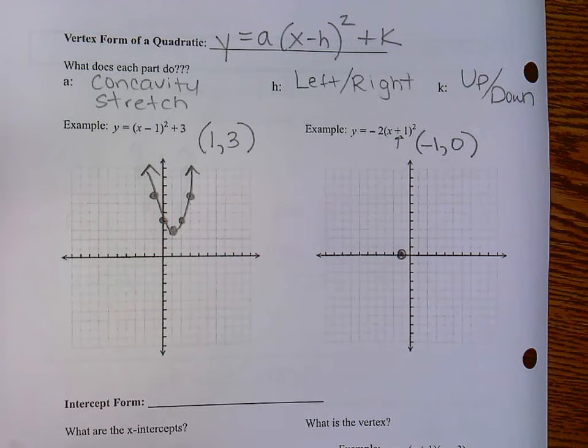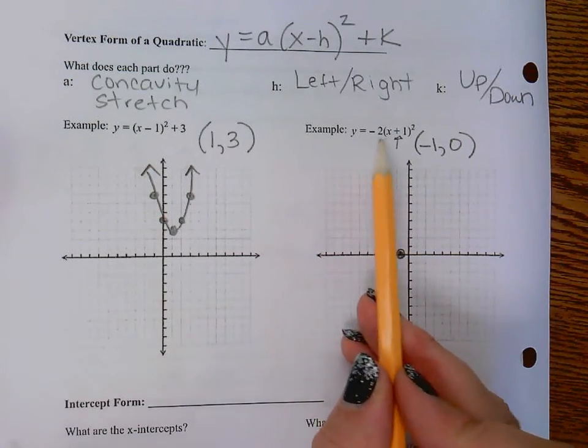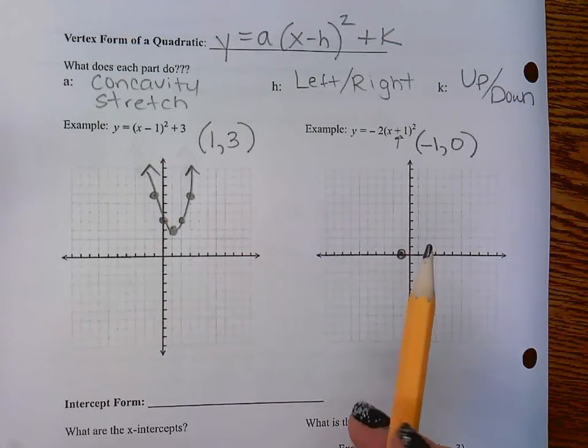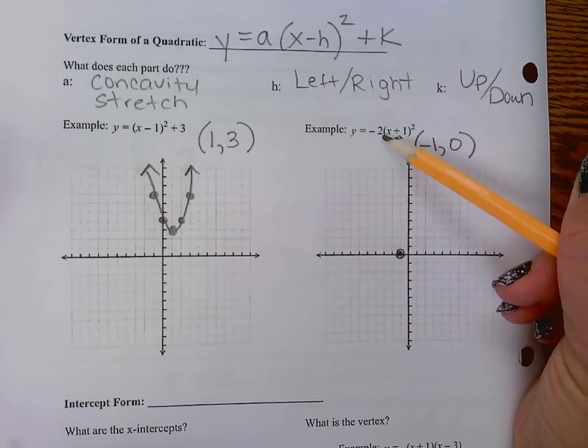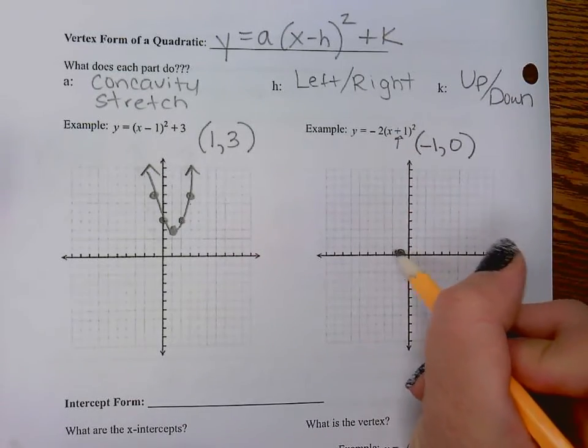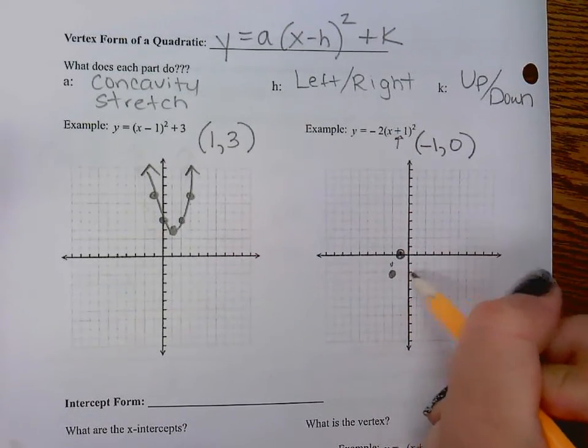I'm steeper by 2, and what else is different? What other transformation? It's a negative 2, so I have to flip over the x-axis, concave down. So if I'm stretching that parent function, instead of (1, 1), I'm going to go over 1 and down 2.